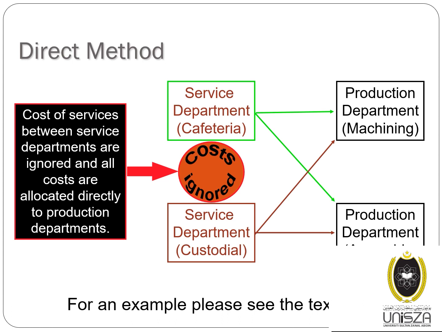Thus, even though one department might provide service to two other service departments, none of its costs are allocated to those departments. So when we apply the direct method, the cost between the service departments will be ignored.